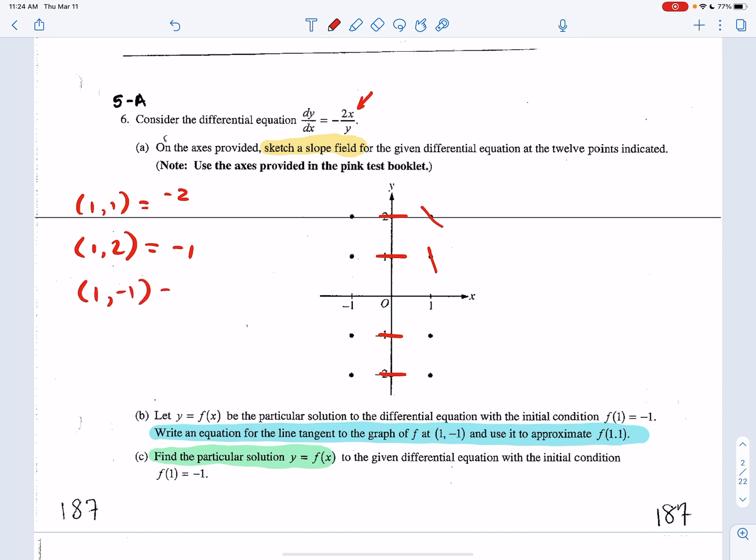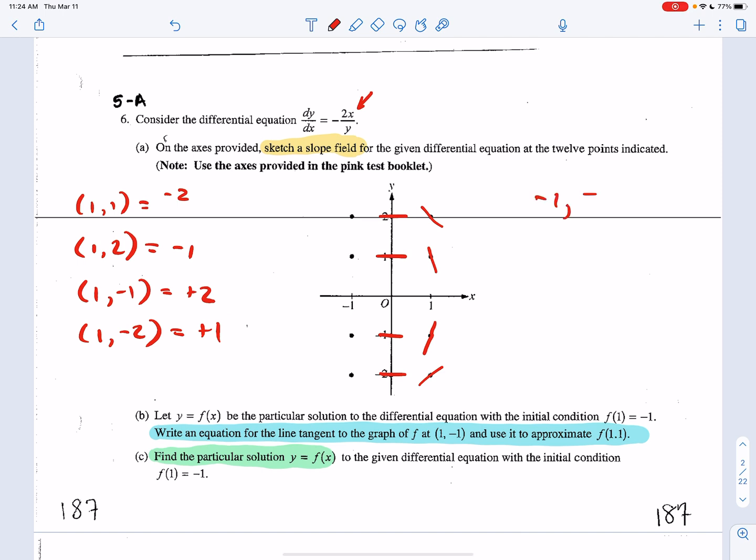1, -1, that'll give me +2, so positive and steep. And 1, -2 would give me a +1, so positive, but not as steep. Okay, and then we go ahead and do the other one.